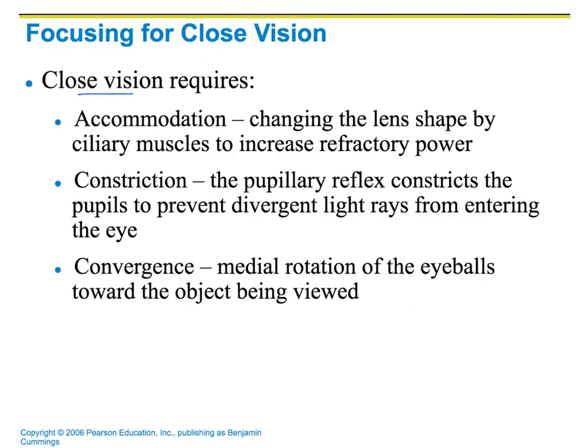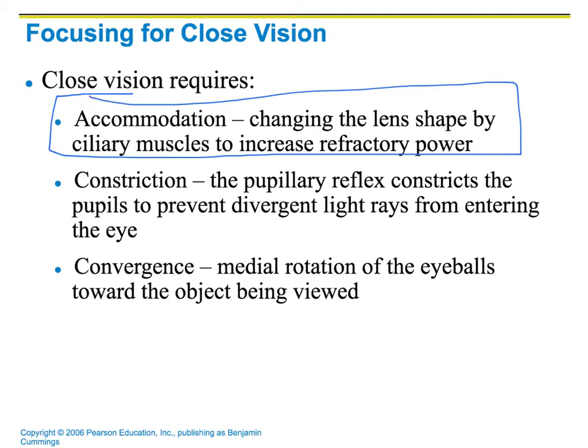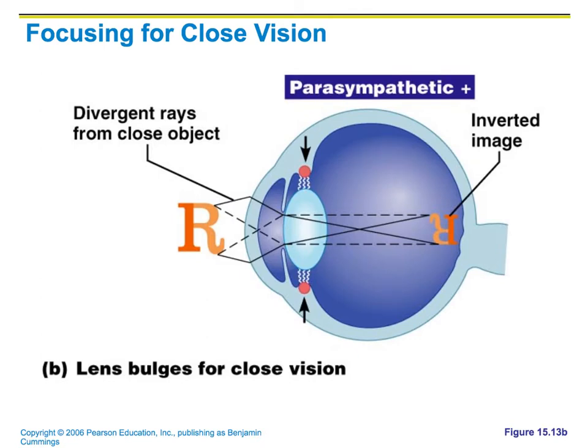This term came up in some of our worksheets. Accommodation is how that lens changes shape, becomes more round, increasing its refractory ability to compress a large object that is right in front of your eyes and compress that image onto your retina. So here we go for close vision.